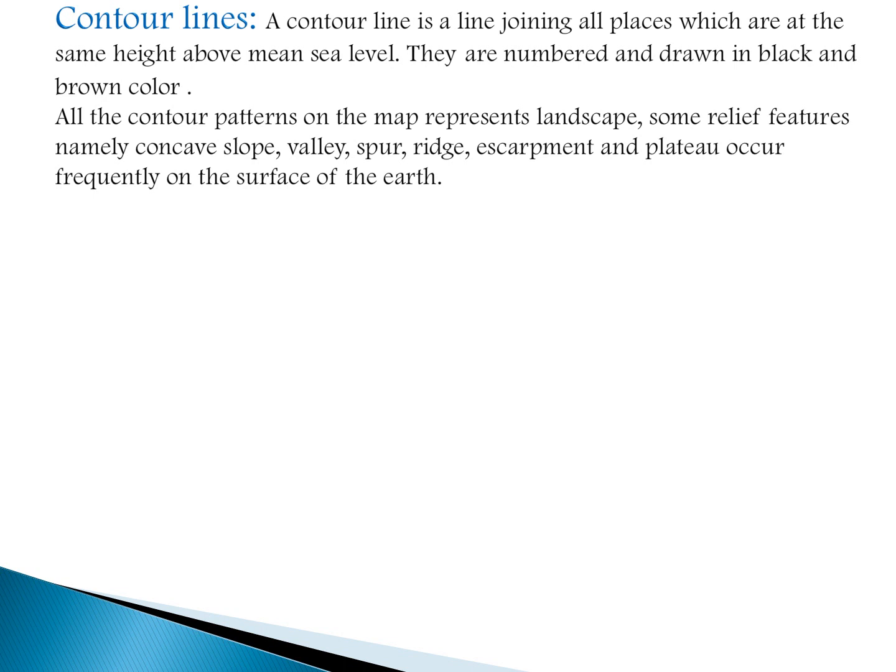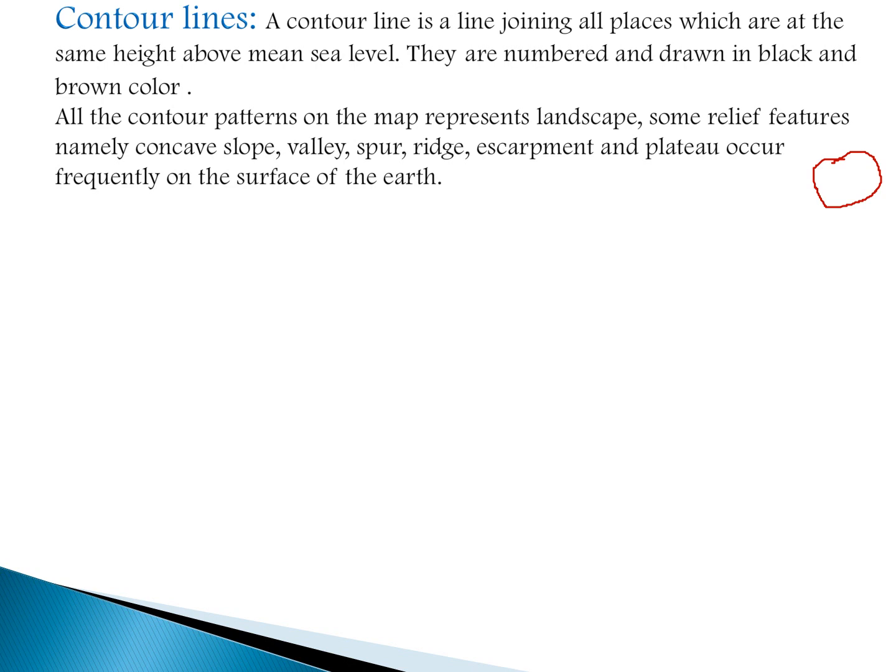Contour lines are the lines which join all the places which are at the same height above mean sea level. So if you see one line on the map, throughout its length the height will remain the same. That is the height or elevation above mean sea level that remains the same throughout this line. So that is the contour line.